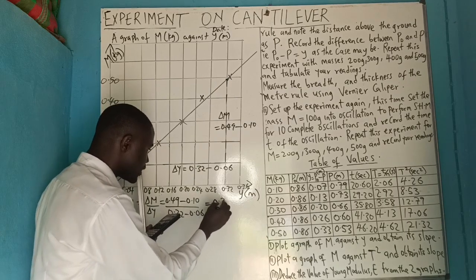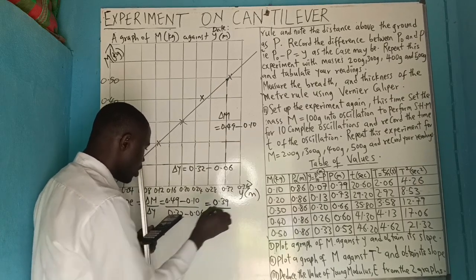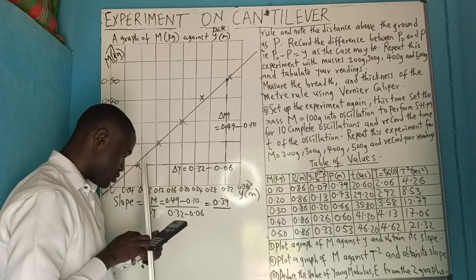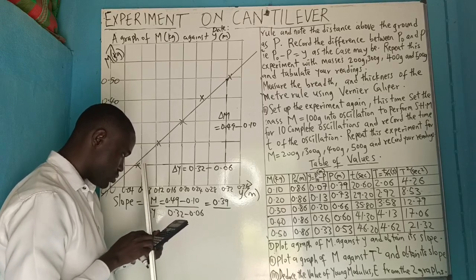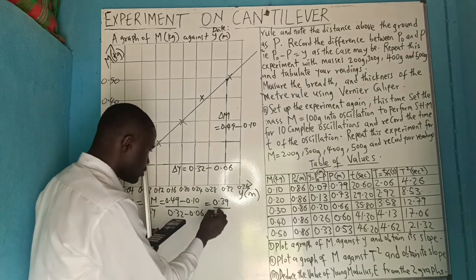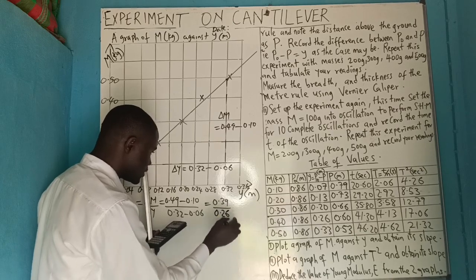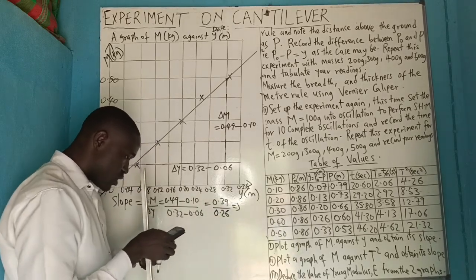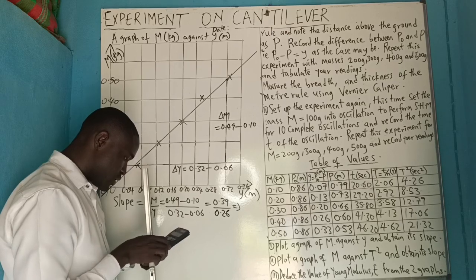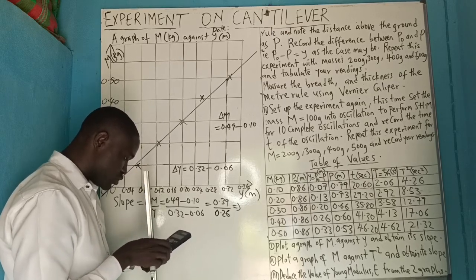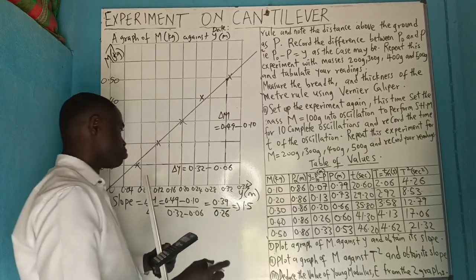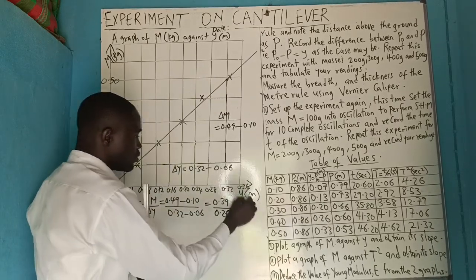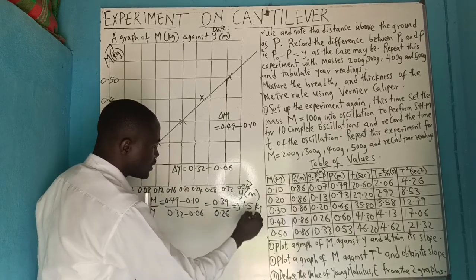Equals to 0.39 all over 0.26. That will be giving us 0.39 divided by 0.26, 1.5. Vertical is kilogram, horizontal is meter.